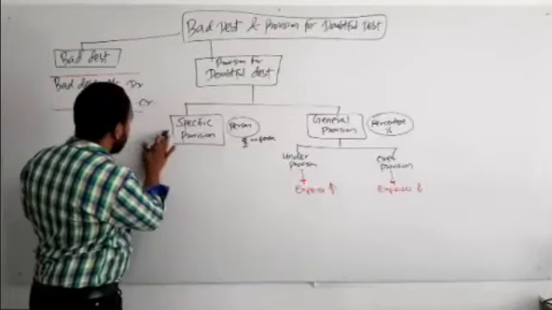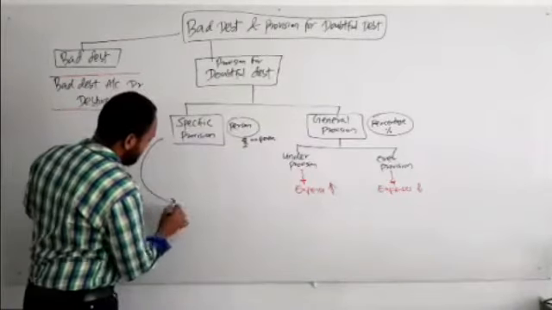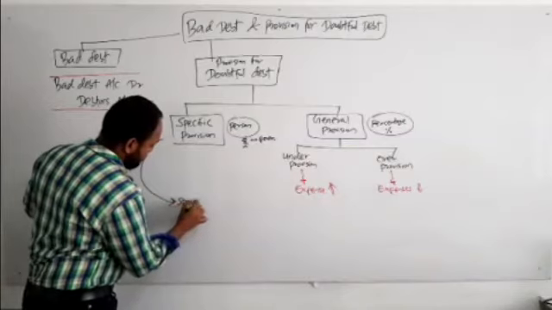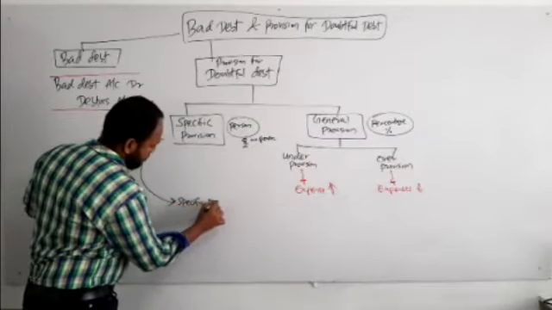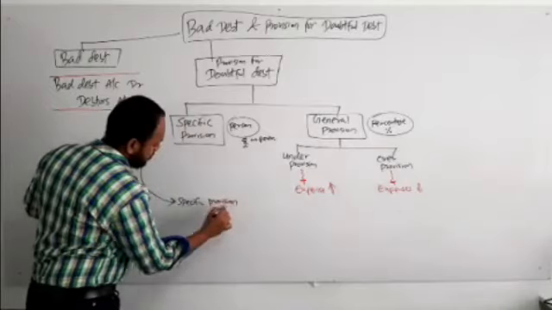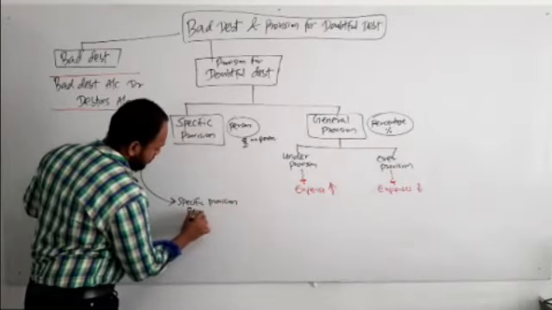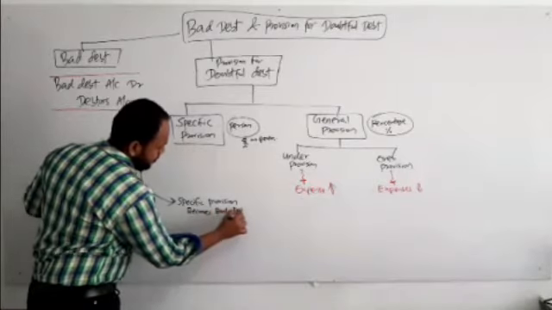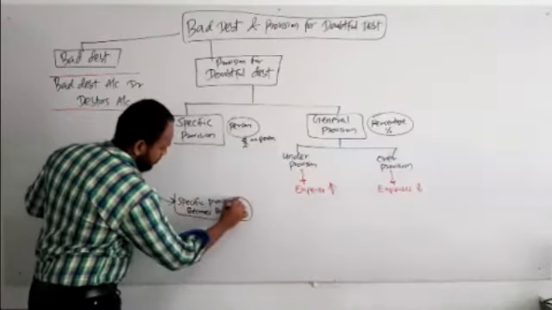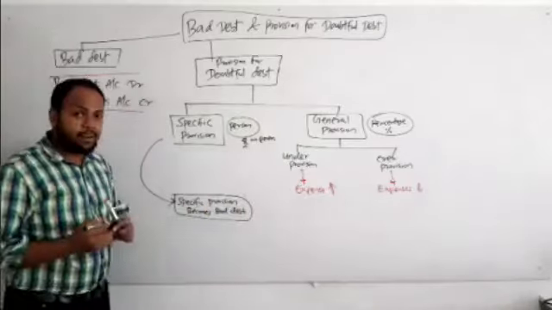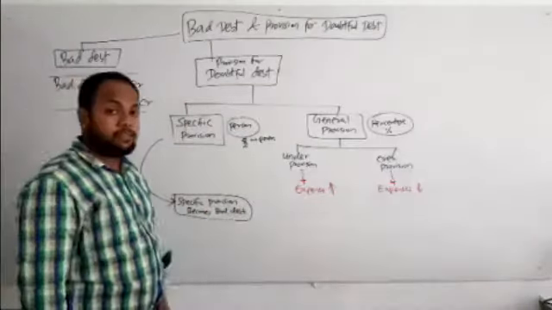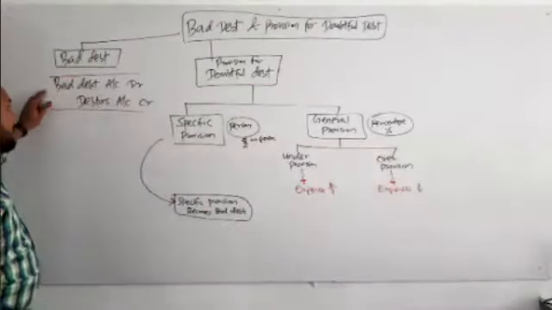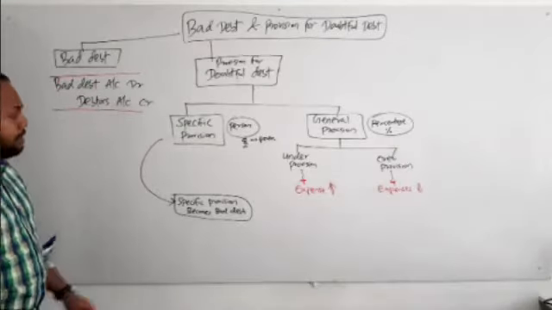Right? So let me give the double entries. Specific provision becomes bad debt. Let's write down the double entries for each of these. Bad debt double entry: bad debt account debit, debtors account credit.